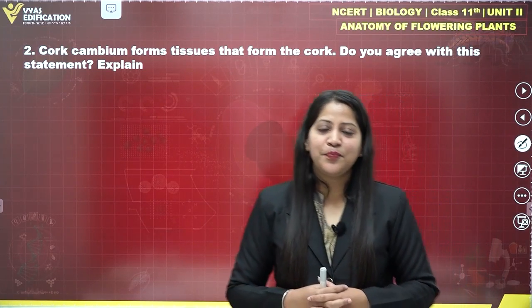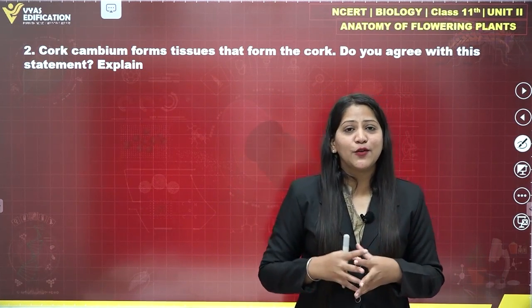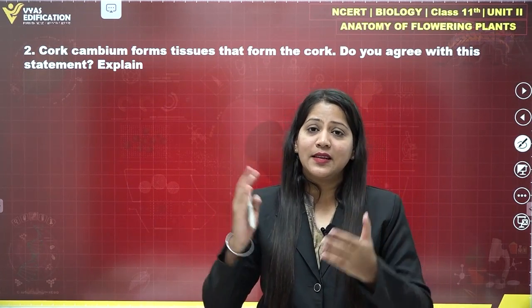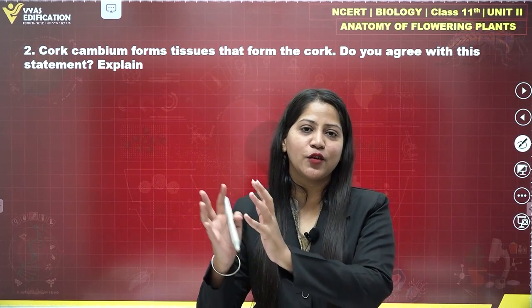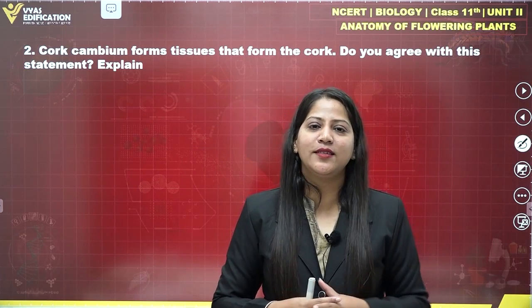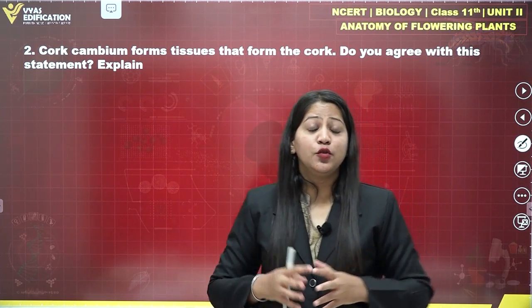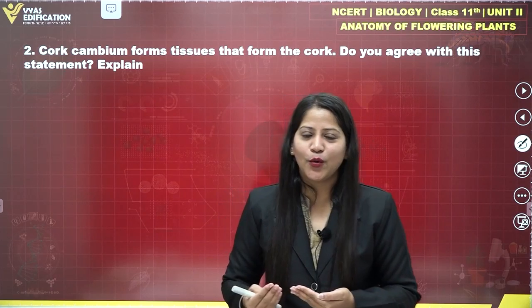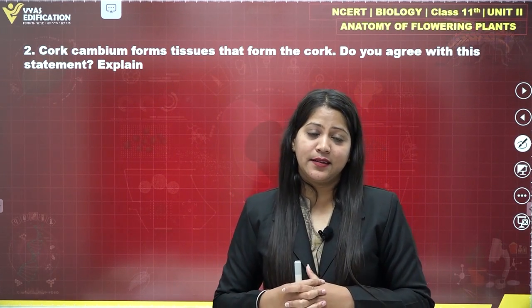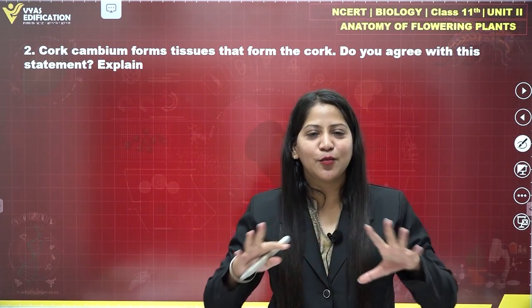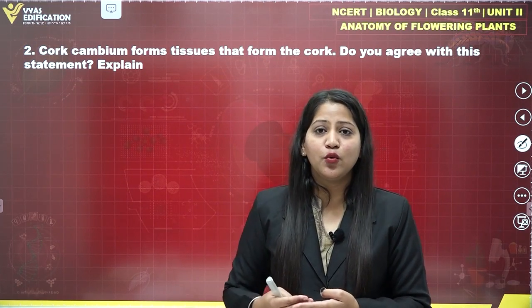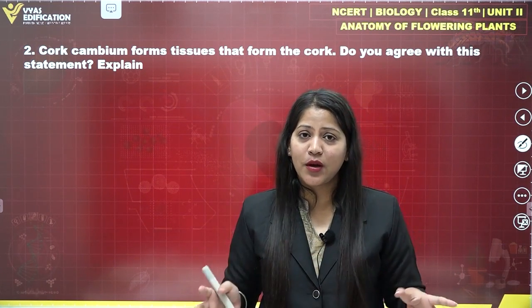How? Let's understand. Whenever secondary growth takes place in dicot stem and roots, which is not going to take place in monocot stem and roots, the epidermal layer gets broken down.